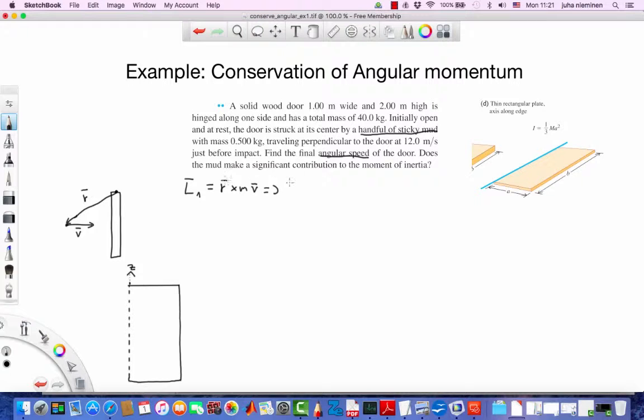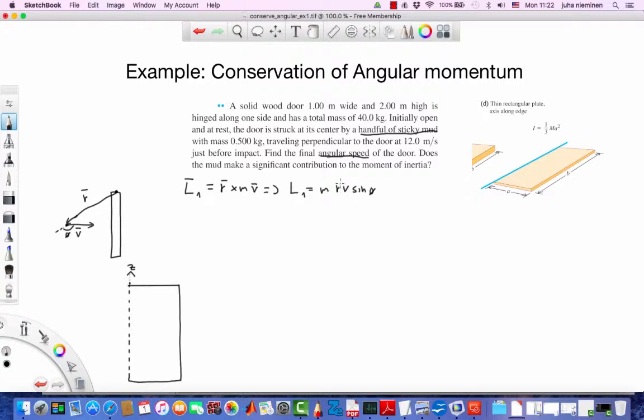In that case, the cross product becomes m times r v times the sine of phi between those two vectors. Technically the angle phi would be here, but let's say this is 30 degrees, and that would be 150. The sine of that angle is the same as the sine of that angle.